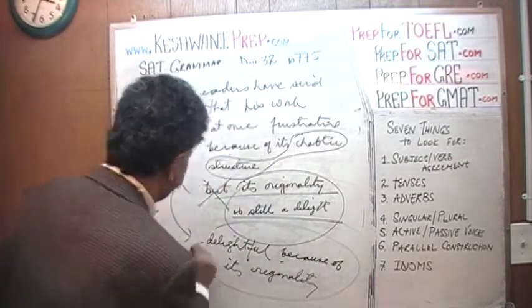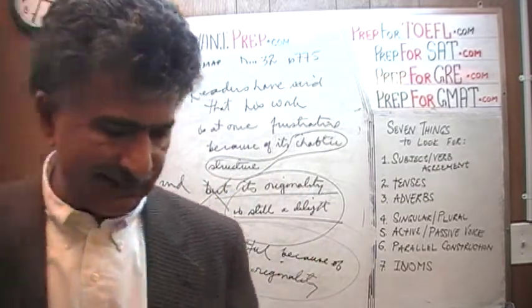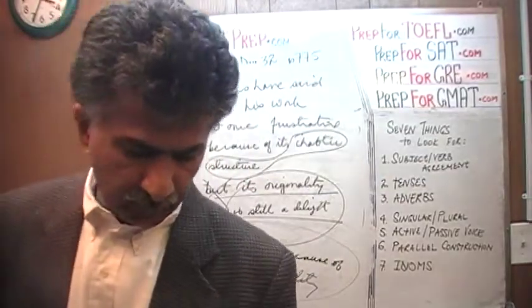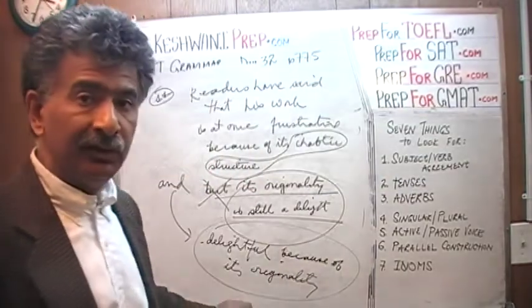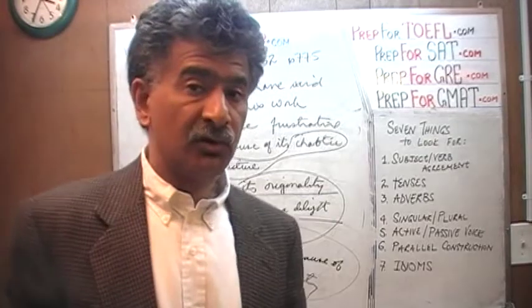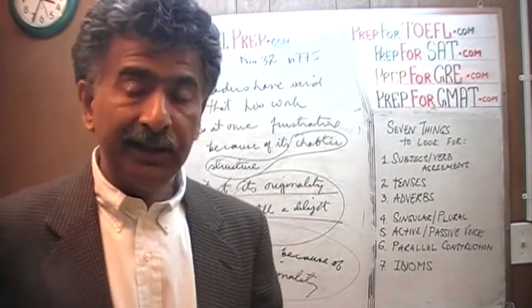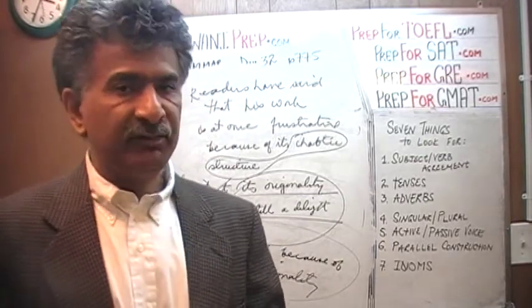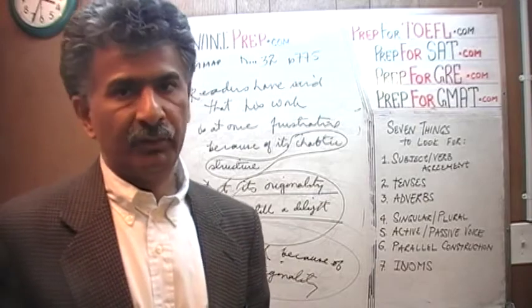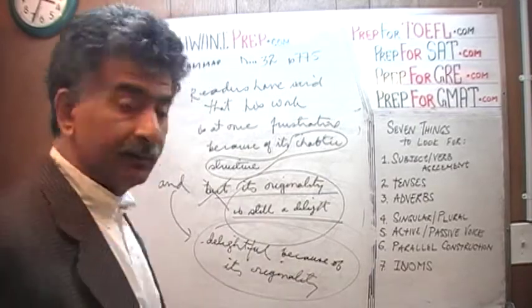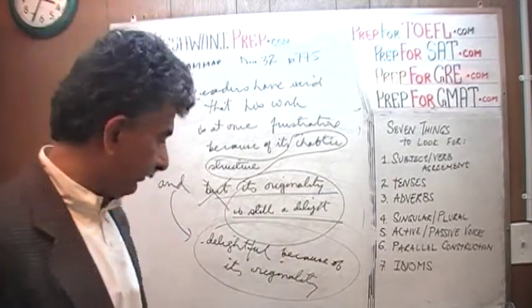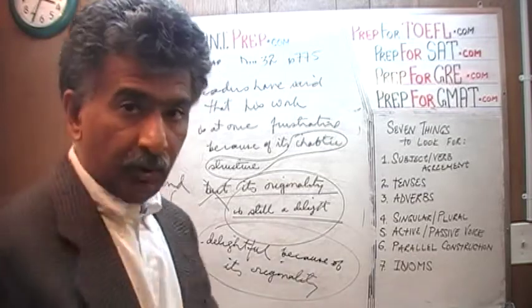There you go. His work is at once frustrating because of its chaotic structure and delightful because of its originality. That should do it, I think. That should suffice. Let's lift our hand now. We're going to lift our hand now.